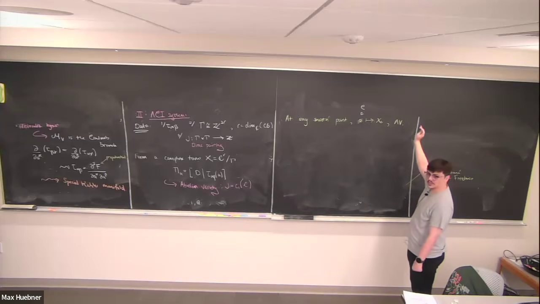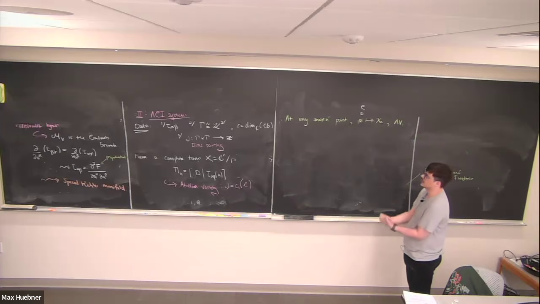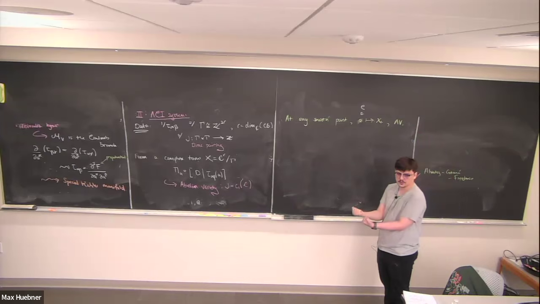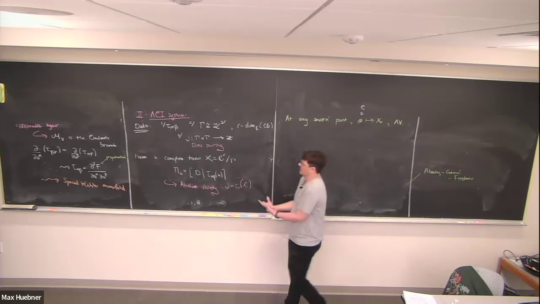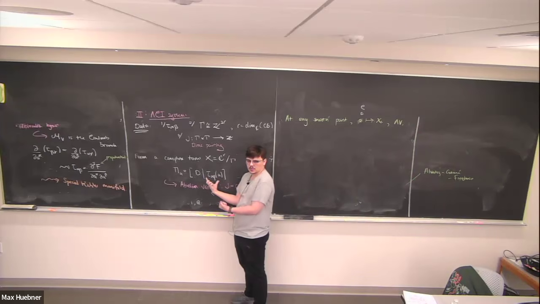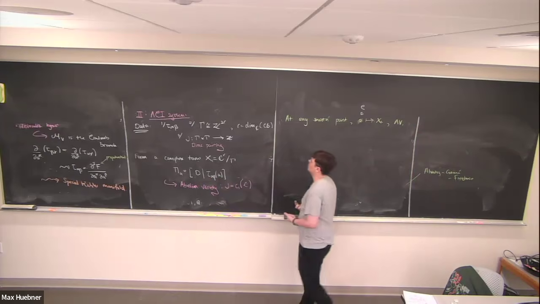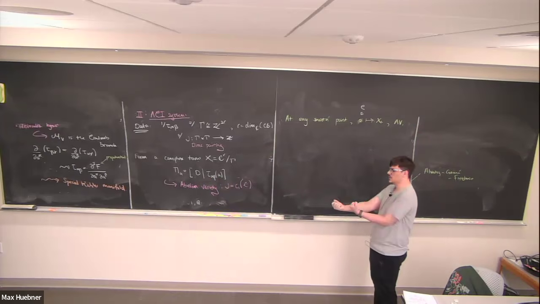So at any smooth point, you get an abelian variety, but on the non-smooth points, the points where you have metric singularities, you can't quite get a full abelian variety. In other words, this period matrix won't give you a good quotient, effectively, right? But nonetheless, you can look at how those abelian varieties degenerate as you go towards the singularities.